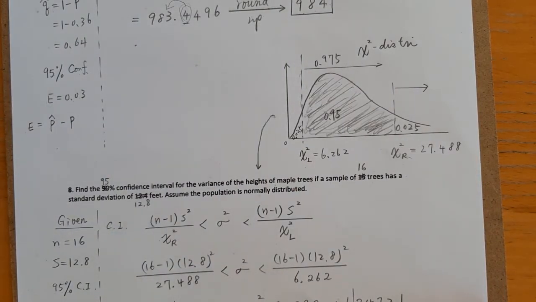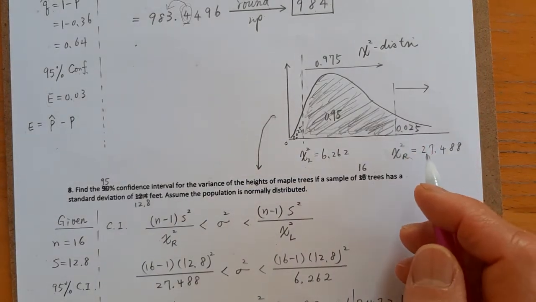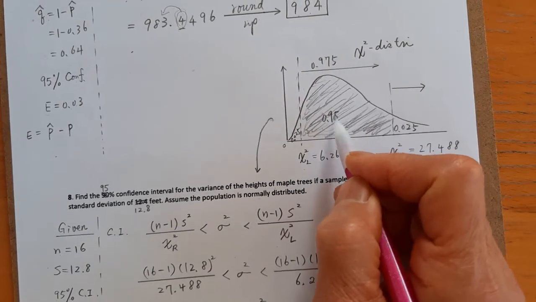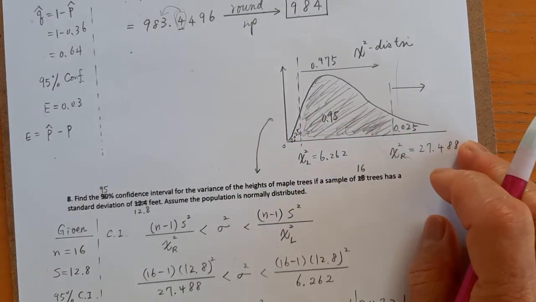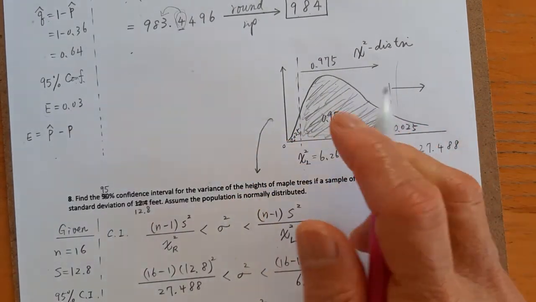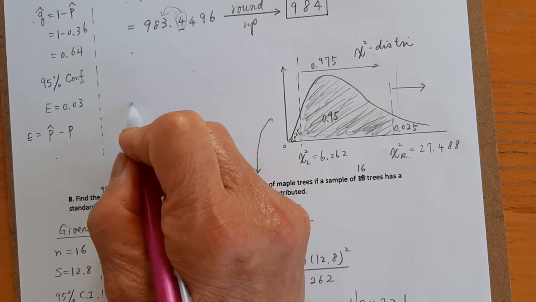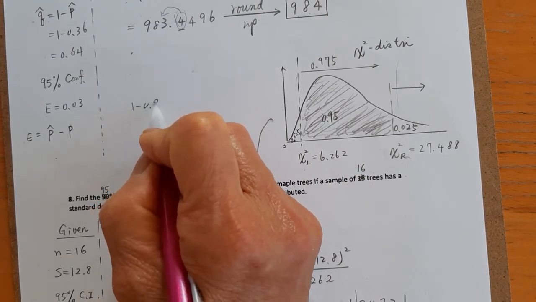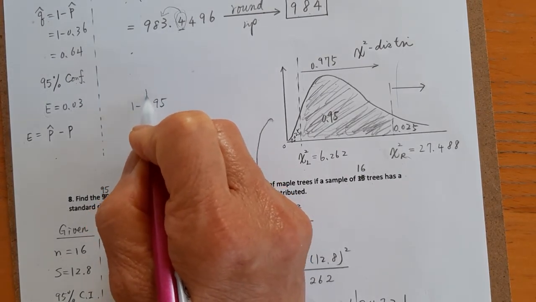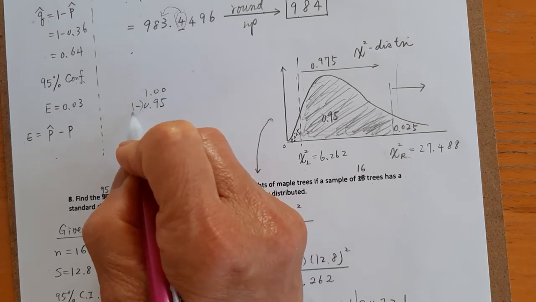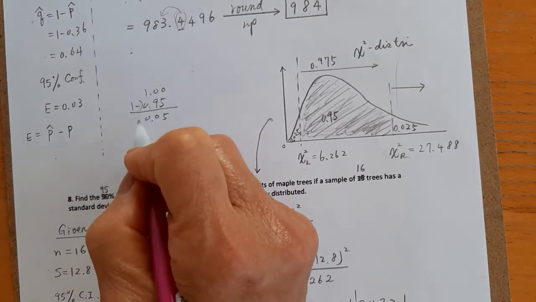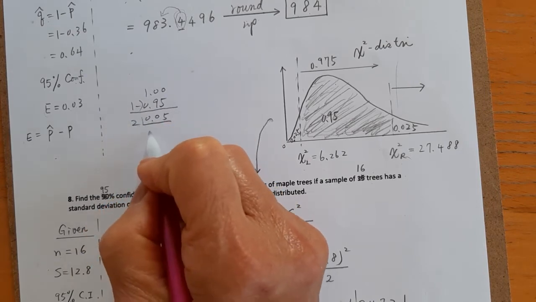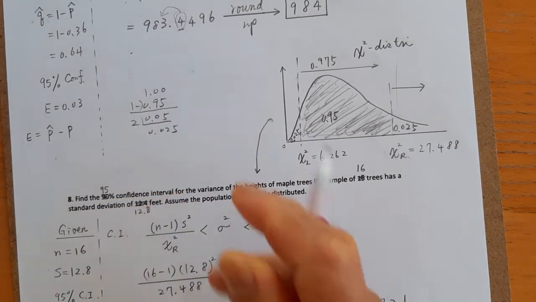Then we need to figure out the chi-square. Now, here is a 95% confidence interval. So it's symmetric, so it is equal. You do 1 minus 0.95, which is going to be 0.05. Then divided by 2 is 0.025.